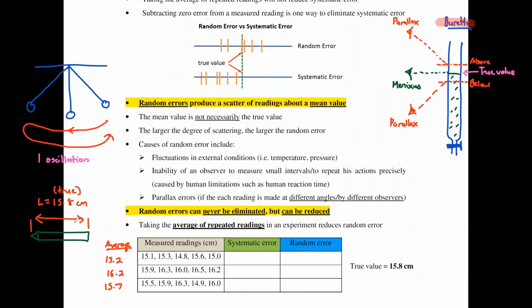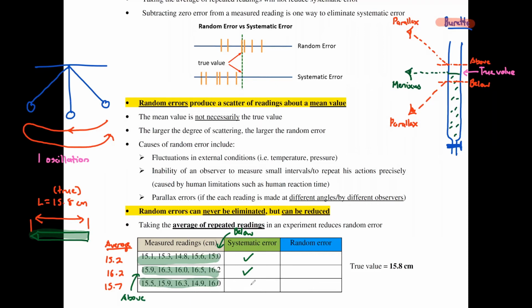Referring to an earlier example where we talk about making repeated measurements for the length of a pen, we had these three sets of readings. We said that the first set of readings had systematic error because all the values were below the true value, whereas the second set of readings also had systematic error because all the values were above the true value.